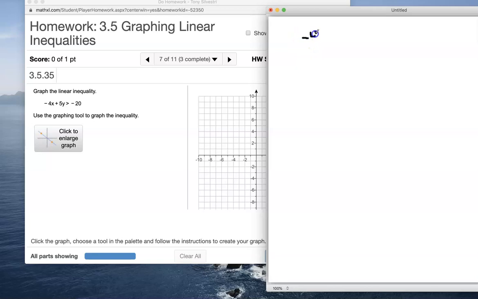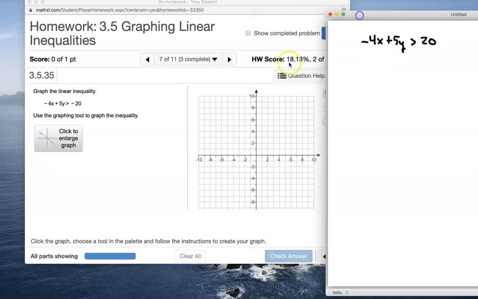So what I'm going to do first is graph this. I'll just write down the expression. The inequality greater than 20. First thing you're going to do is come up with a line that represents the dividing line of the world.